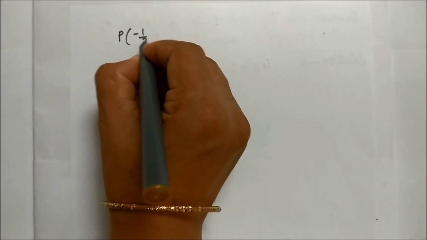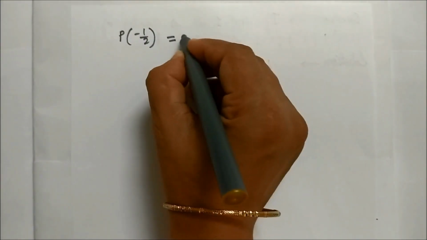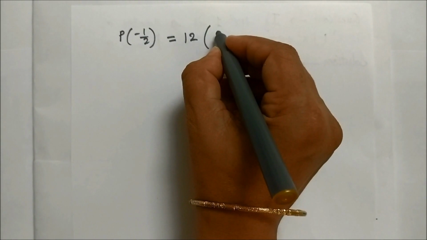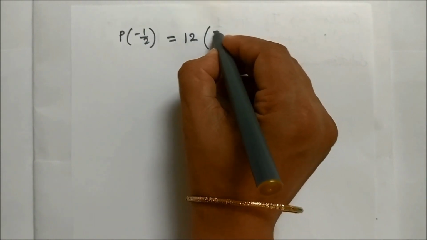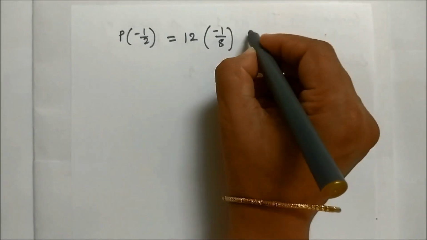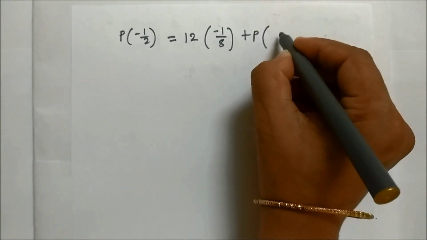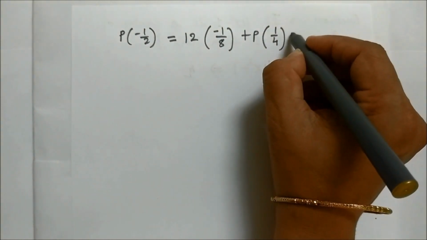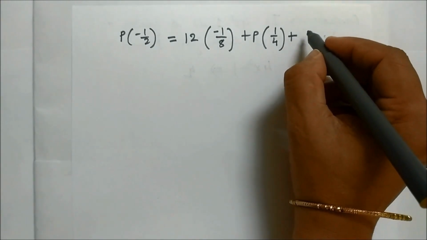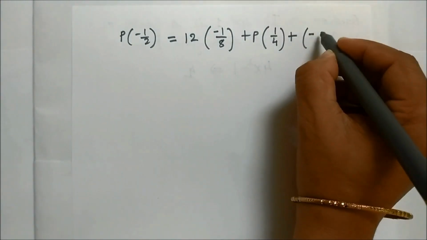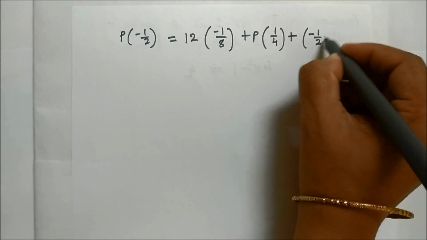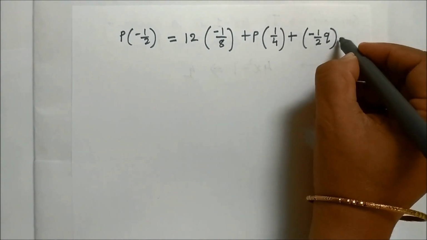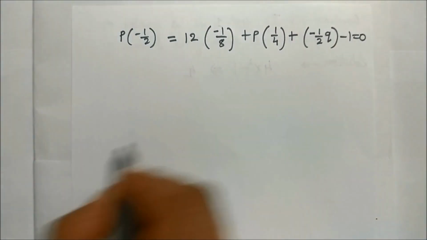Then 12 into 1 by 2 cube is equal to 1 upon 8, plus p into 1 by 4, plus 1 by 2 into q, minus 1 is equal to 0.